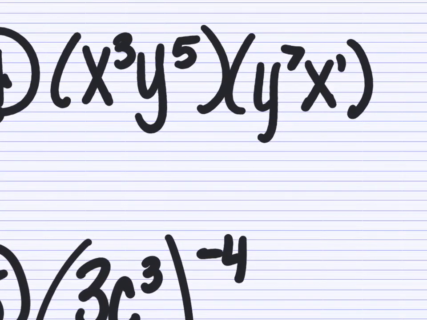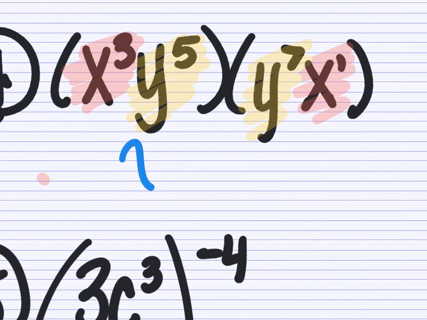Number 4. Here, notice how many bases do we have? We have 2 bases that are the same. We have x and we have y. So I have x and y.